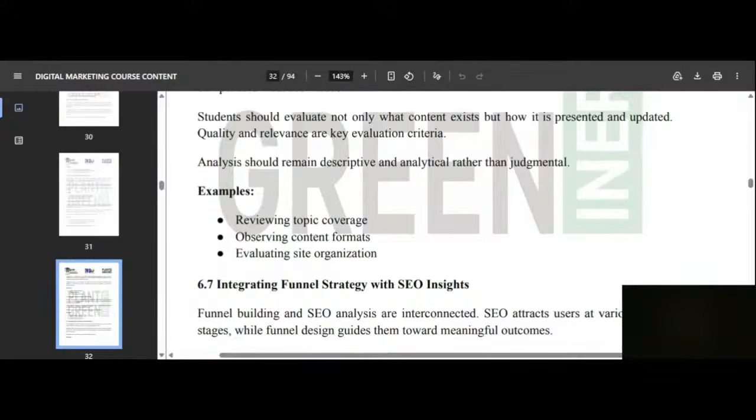Now let us try to understand why it is important to do competition SEO analysis. Instead of guessing the keywords, instead of guessing the content, we can go to our competition, study them, and know what is working and what is not working.